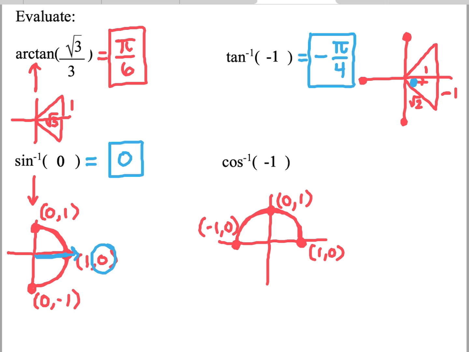All right. Remembering that cosine is always the x value. Where would I get myself an x value of -1? Happening right there. And remember that my answer is the angle. What angle does that represent over there? That is angle pi.